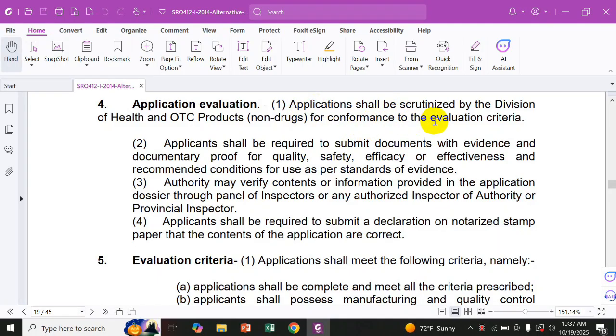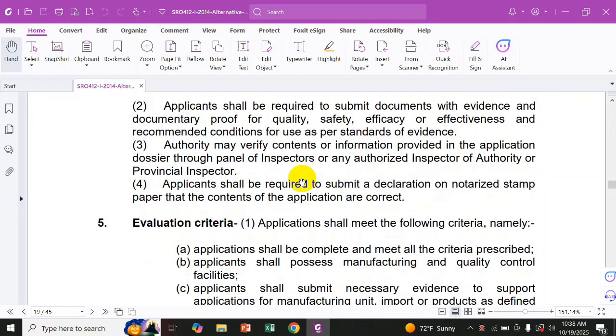This application goes to the division of HOTC for the conformance of evaluation criteria. We should be clear that our application goes to the division of HOTC. And what do they do with our application? They check the criteria for acceptance of the application.